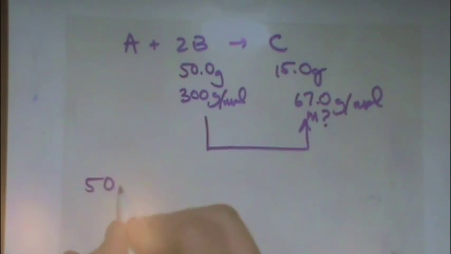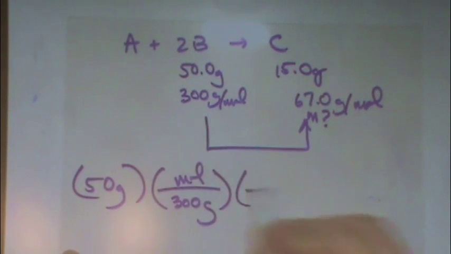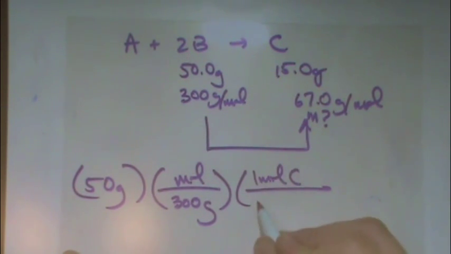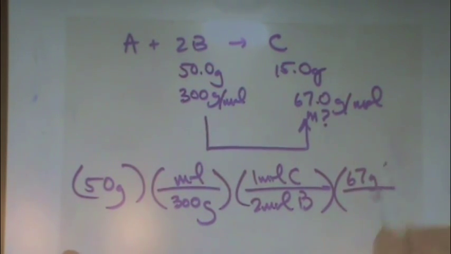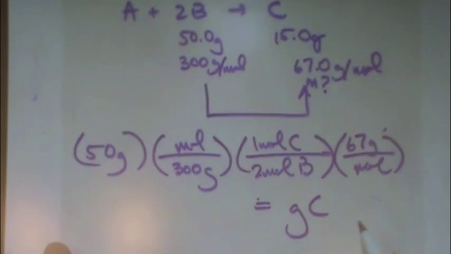So you go 50 grams, change to moles first, step 1, 300 grams. And then there's 1 mole C for every 2 moles B, C is 67 grams per mole. And this should be the grams of C.